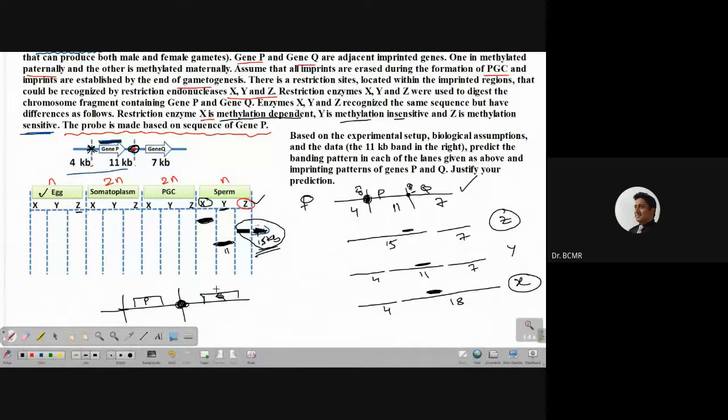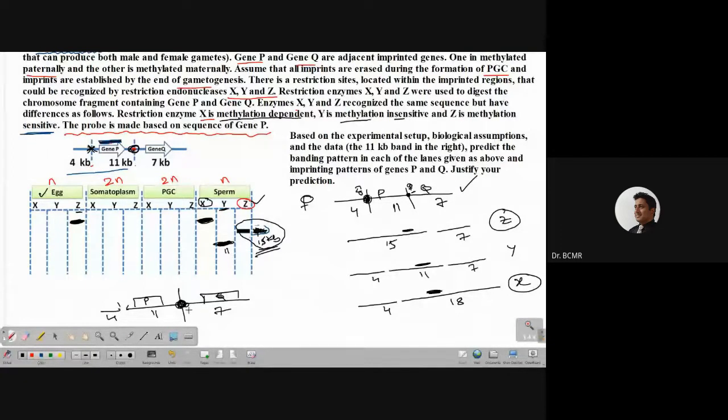And if you then treated this DNA with Z, we would have cleavage. We would have had cleavage here, right? Do you agree? Because that is the only unmethylated place. So we'll have cleavage there. And then we should be getting a fragment that is of 18 kb.